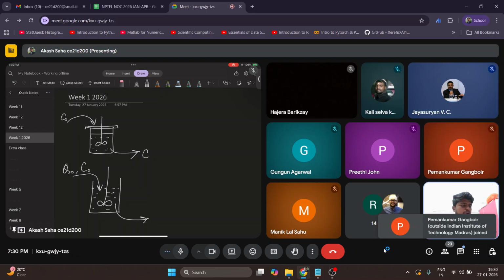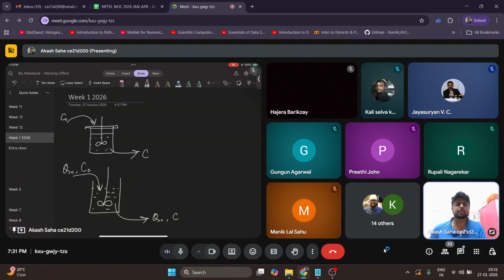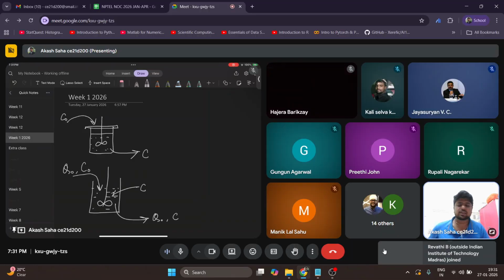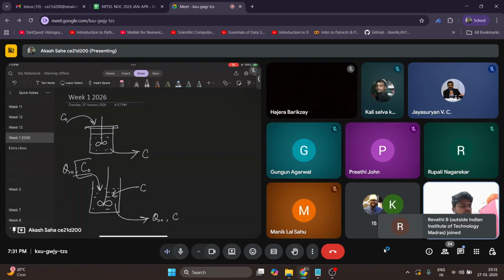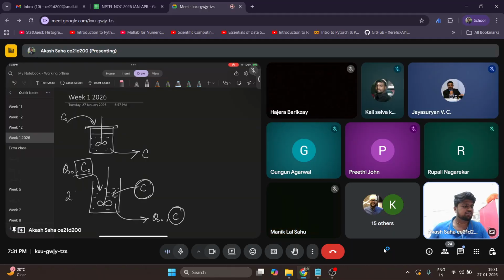So maybe the same amount of Q naught is coming out, but now the concentration will be C. And also you have to keep in mind that whatever concentration is coming out will be the concentration inside the reactor also. So input concentration C naught will be different from the concentration inside the reactor and whatever is coming out. Okay, so this is the second type of reactor.